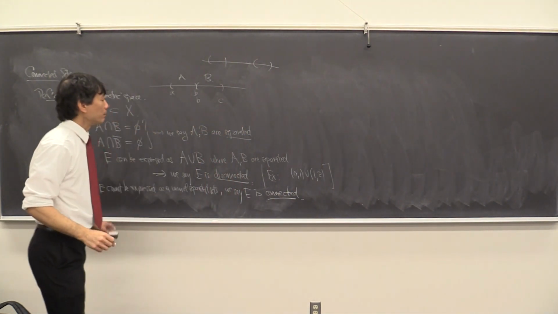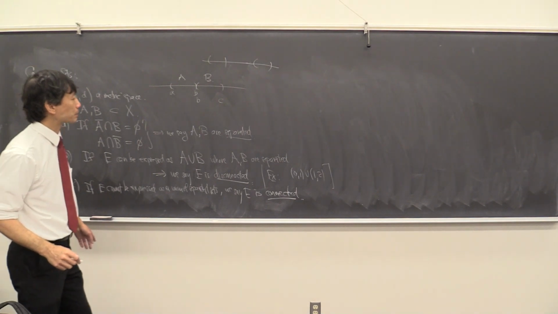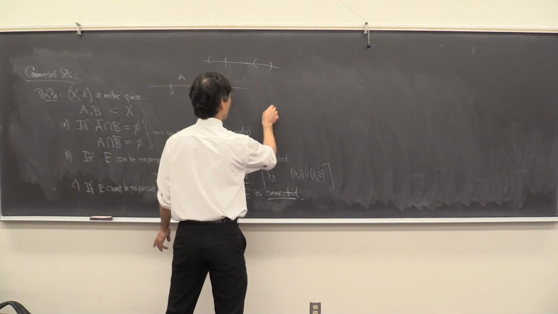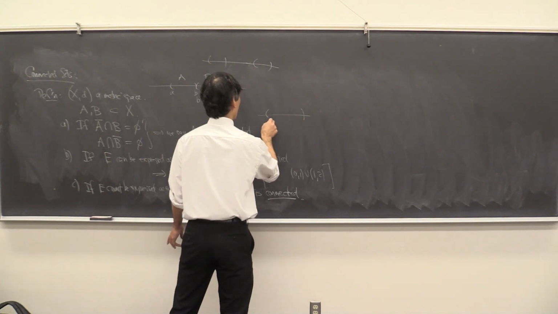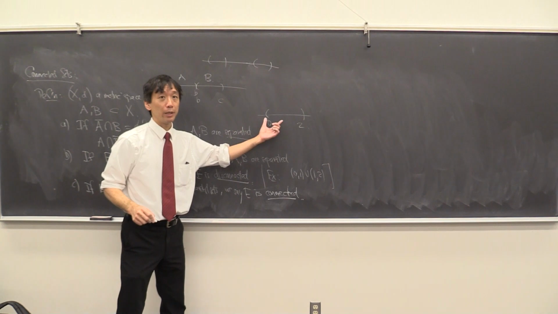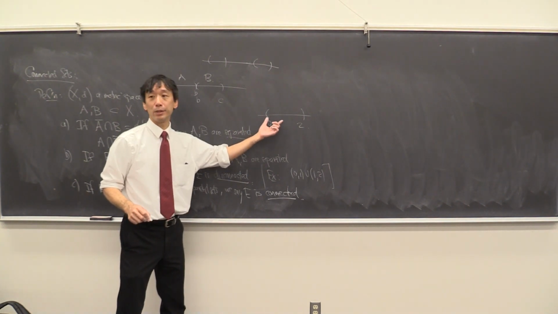So for example, if we took the interval [0, 2], there's actually no way to express that as separated sets.